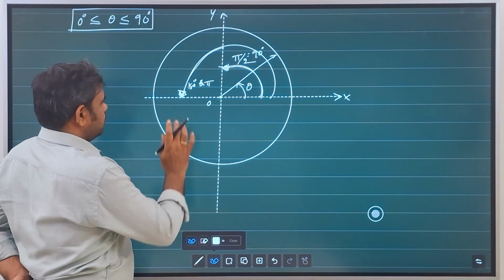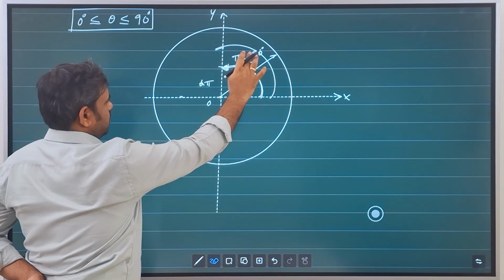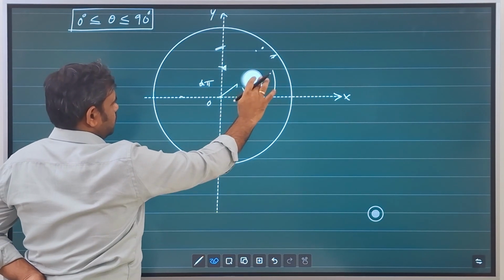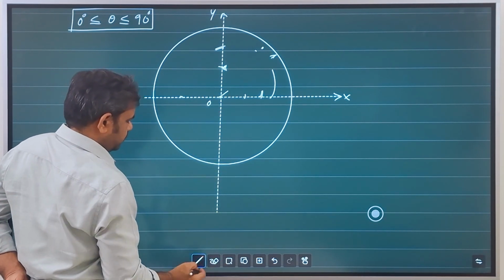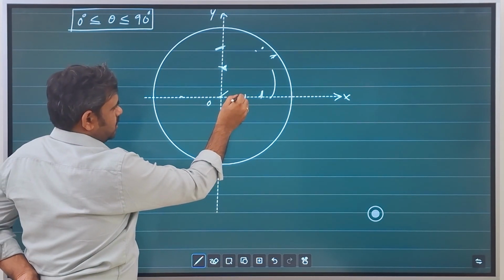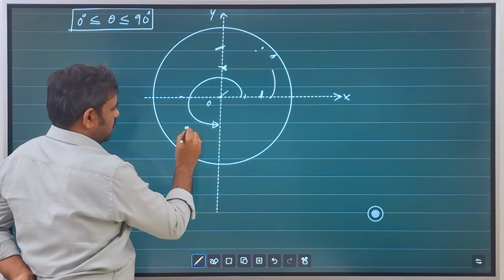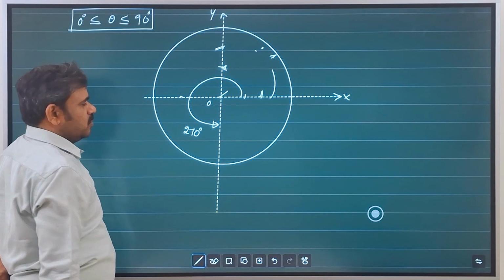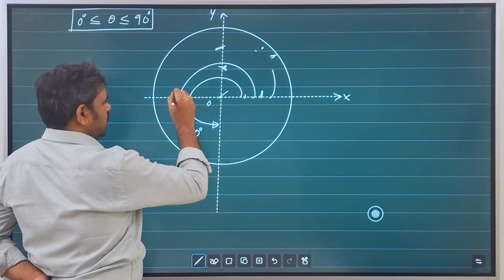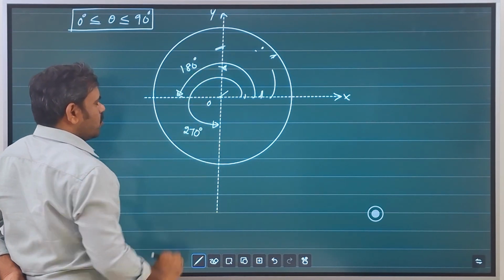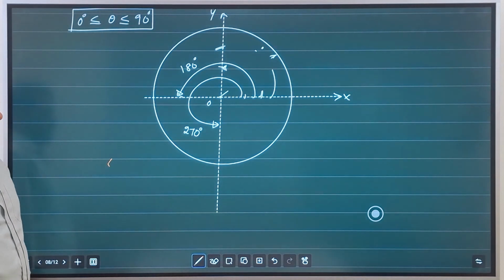And if you look at the third quadrant, with the positive x-axis, this angle is 270 degrees. And you know this angle is 180 degrees. So the third quadrant in the circle is between 180 degrees and 270 degrees.